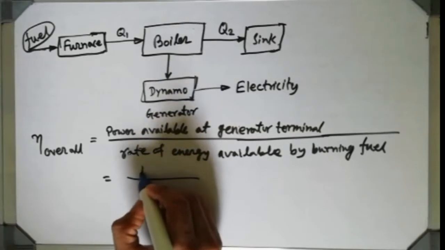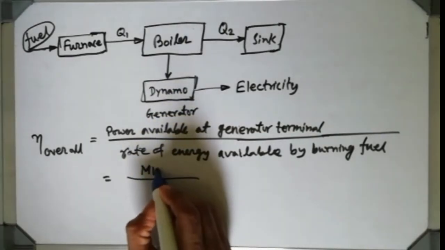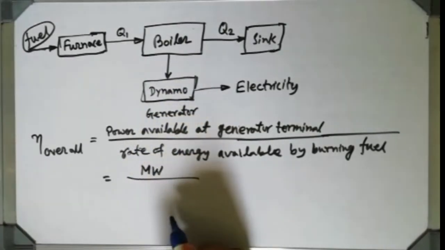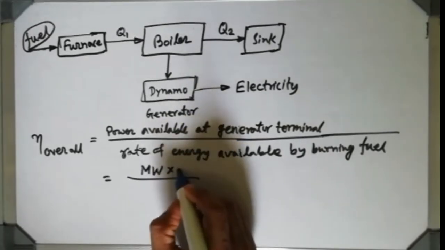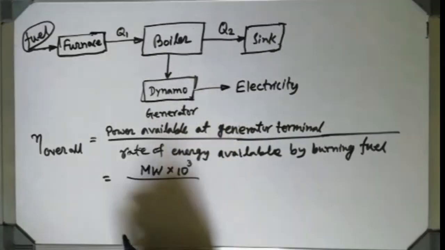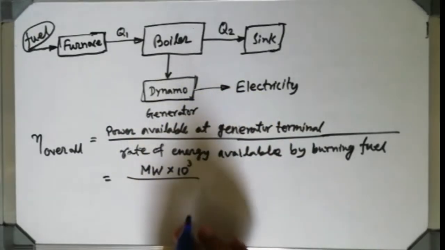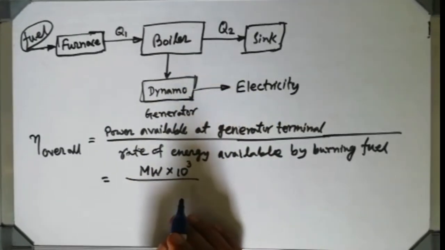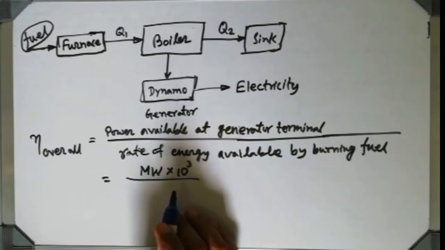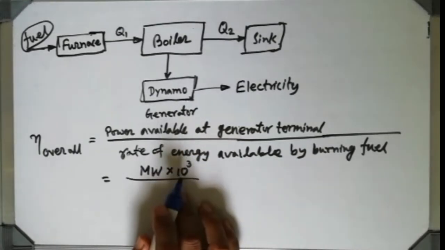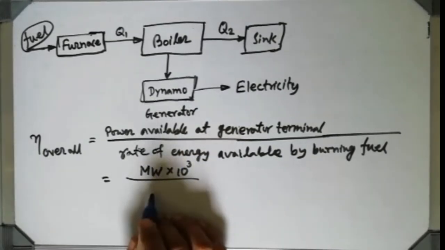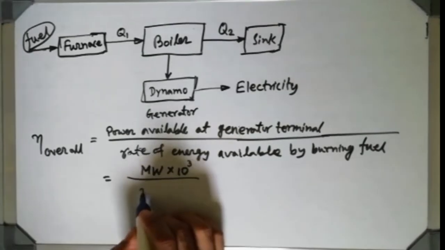So that's why the generator terminal output will always be expressed in terms of megawatt. And if we convert it into kilowatt, 10 to the power 3 will be multiplied, because we have to convert into kilo form, as those energy values come with the kilo unit. That's why first of all megawatt should be converted into kilowatt, and in the denominator part it will come like this.